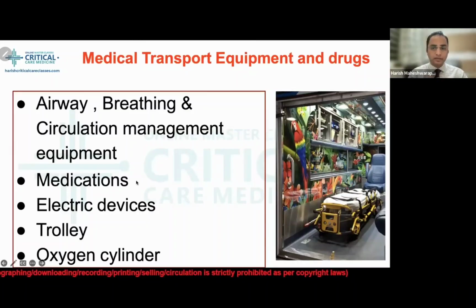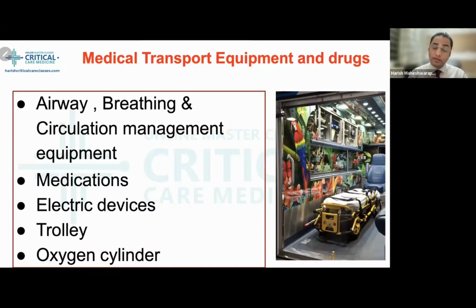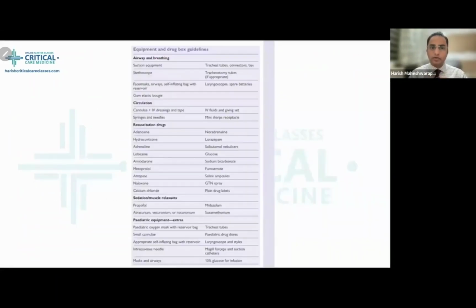Medications including sodium bicarbonate, atropine, adrenaline, norepinephrine, dobutamine, and maybe some other medications including antibiotics, because if the transfer takes more than a couple of hours, more than 4 hours, 6 hours, you need to give antibiotics 6 hourly, 8 hourly. So all those medications should be available. Electric devices, trolley, oxygen cylinder. All these things are the basic equipment requirements for transporting a patient.